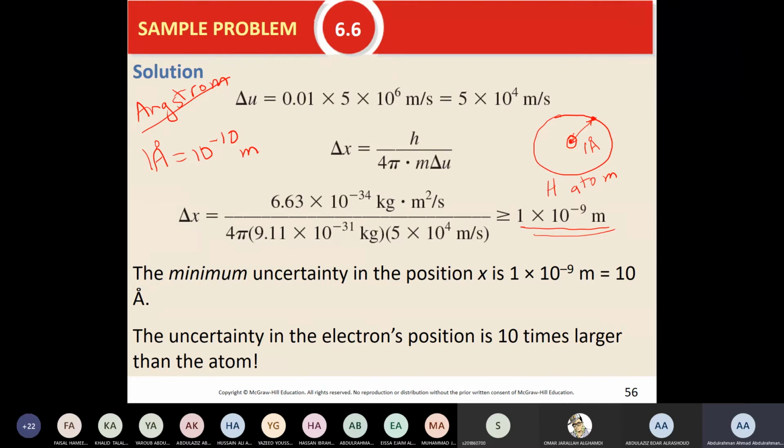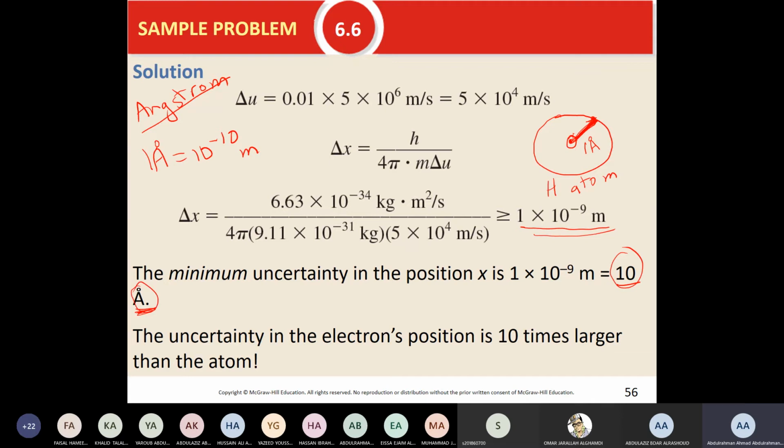All right? The radius of hydrogen is 1 angstrom, and the error is 10 angstrom. So you can see here the error is so big in measurement when we go to these things.